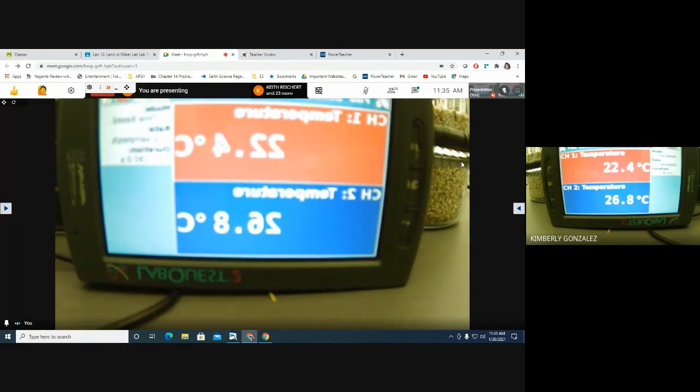So again, the increase in temperature on the sand is really due to the fact that the thermometer is still high.